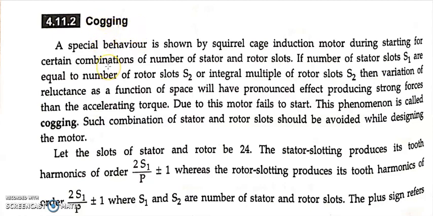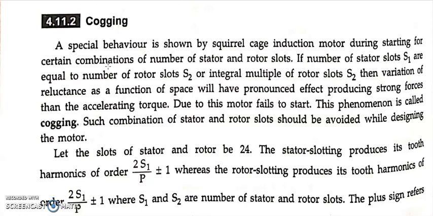So what is cogging actually? Cogging is a magnetic locking between rotor slots as well as stator slots, or in other words, a strong force of attraction between rotor slots as well as stator slots.